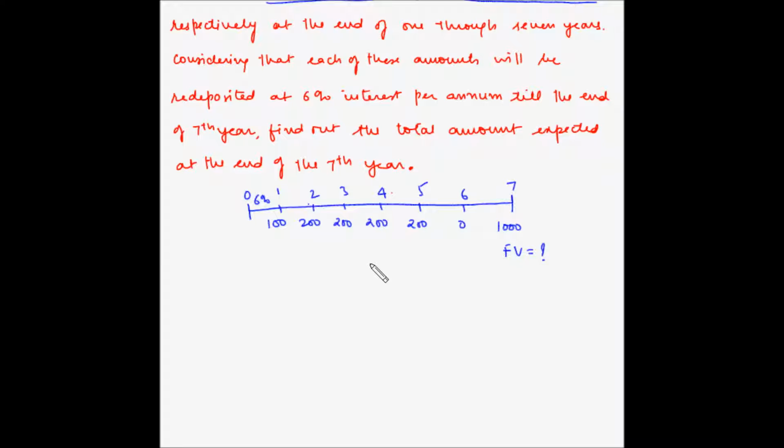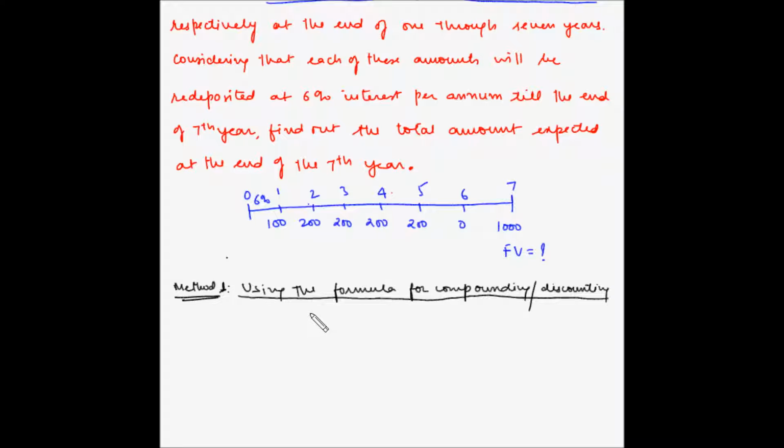So let us look at some different methods of solving this problem. The first method that we are going to look at is using the formula for compounding or discounting. In this method, the future value, sometimes also called the terminal value, is found by compounding each payment to the end of the stream and then summing the future values.